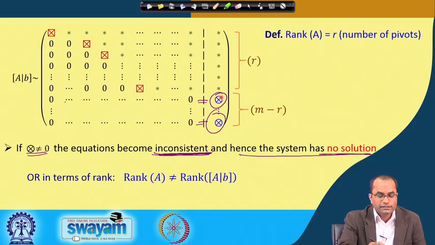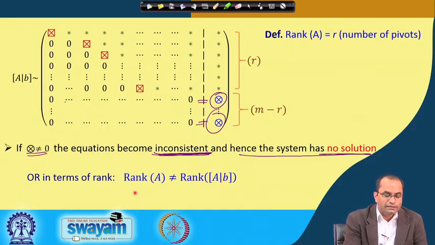But if these are non-zero elements, then there will also be a pivot here. We can reduce further to make all these 0, and there will be a non-zero number here, at least in one of the equations. The system is inconsistent, that is clear. Whenever one of the entries corresponding to these 0 rows is a non-zero number, the system is inconsistent. In terms of the rank, the rank of the A matrix is this r, the number of pivot elements.